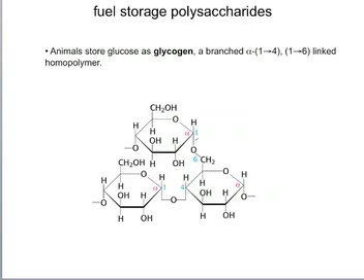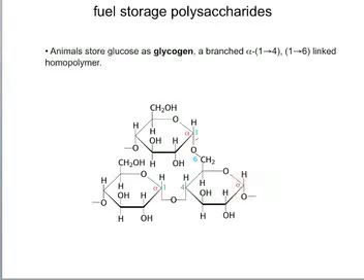So let's look at some larger structures of carbohydrate polymers. Fuel storage polymers in mammals are usually referred to as glycogen. We'll see some other ones in a few moments, but here's glycogen. It is a branched polymer. We won't go into the degree of branching or the size of these polymers.